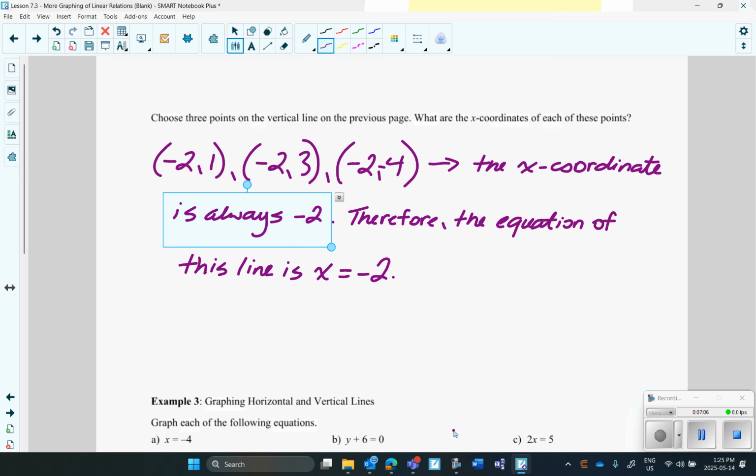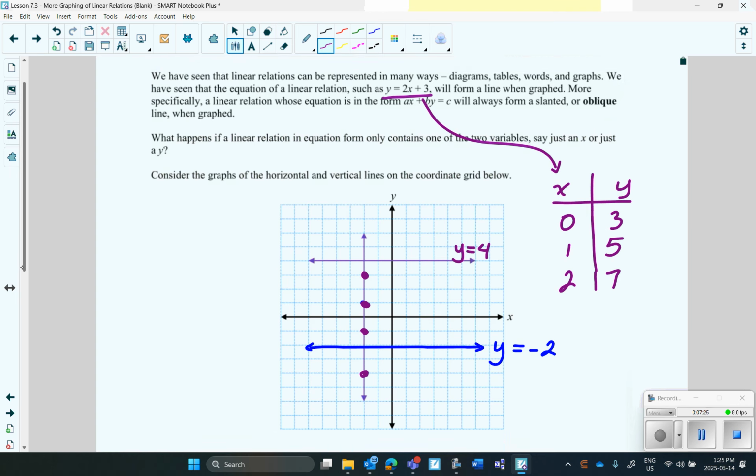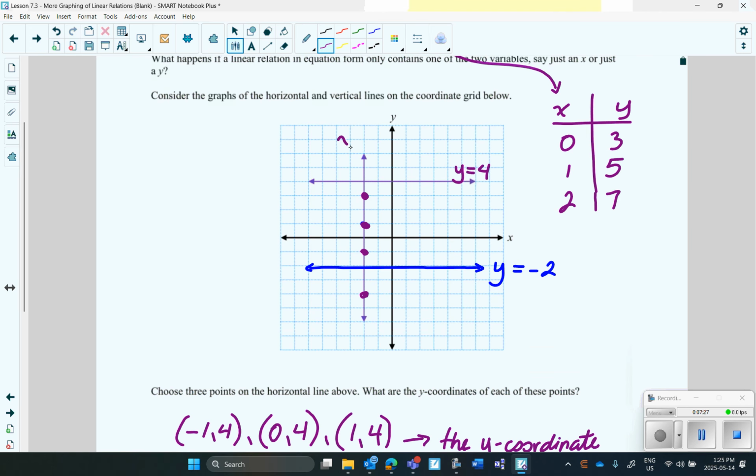Notice this equation doesn't have a y in it. So any horizontal line, the equation has y equals. Any vertical line, the equation has x equals. So this equation would be called x equals -2. What would I call this equation?